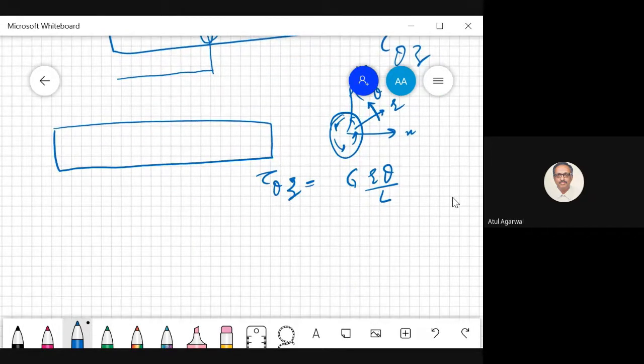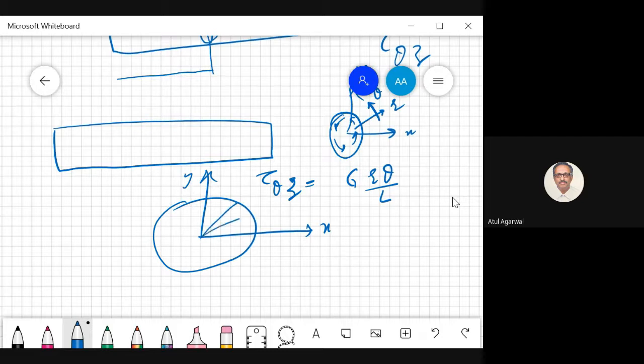Now this was my cross section, my x y directions. You take a small element here. What is the area of this element? The area of this element is r d theta, this length, and this length in the radial direction is dr. So this is the area of this element.